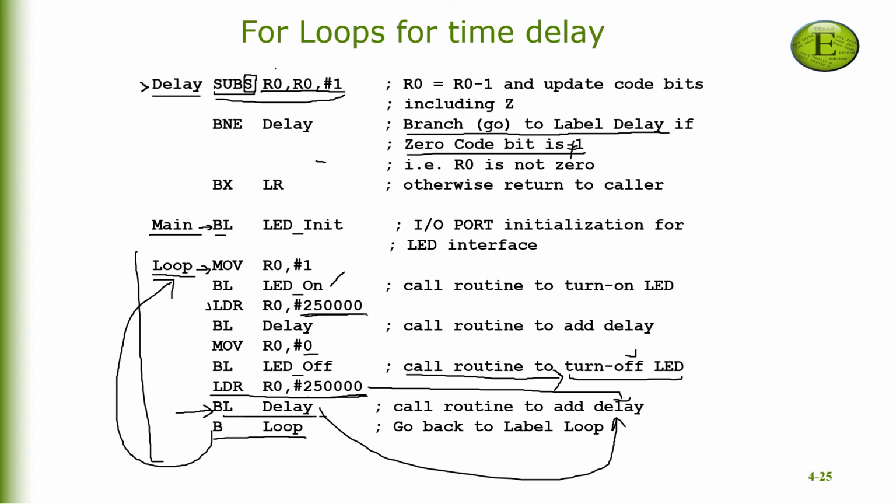This is going to generate a square wave on some port pin, the least significant bit on some port, and essentially that is equivalent to toggling the LED with the toggle time delay corresponding to the 250,000 time steps.